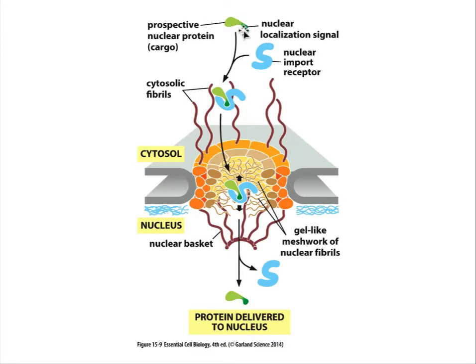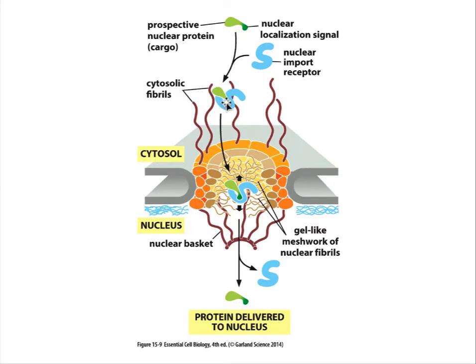The protein has on it a signal, and we'll talk about these signals in more depth shortly. So the protein itself carries a barcode that tells the system that this protein needs to be moved into the nucleus. This barcode is recognized by a nuclear import receptor protein, which binds ionically to the protein that has to be transferred to the other side.